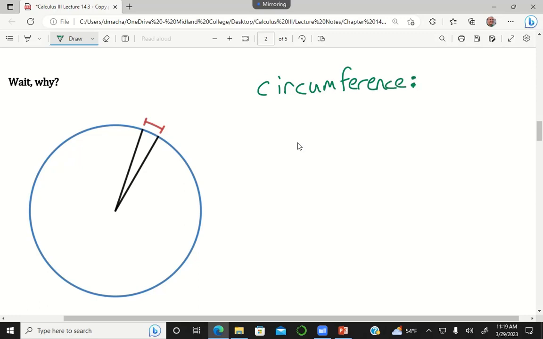What is the circumference of the circle in terms of r? Yeah, 2 pi r would be the total circumference of a circle. Okay, a little bit of 8th grade geometry for you.